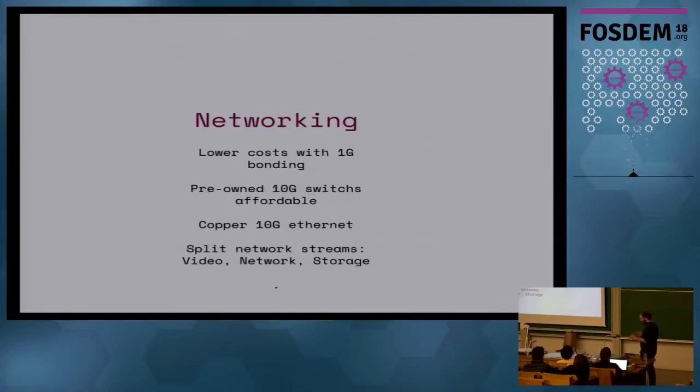Well, another thing that we have seen with our experience is that you have to split those 3 network streams and try not to mix them on interfaces, because you will get a bad user experience if you mix them. You have to send the client video through one interface and one network.